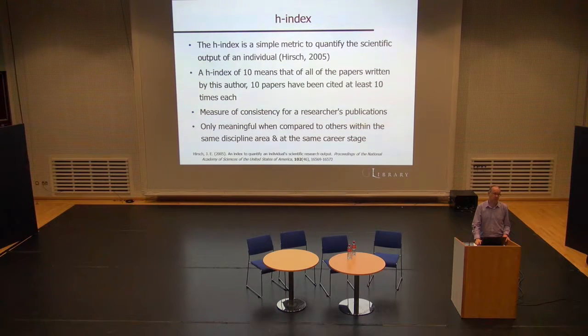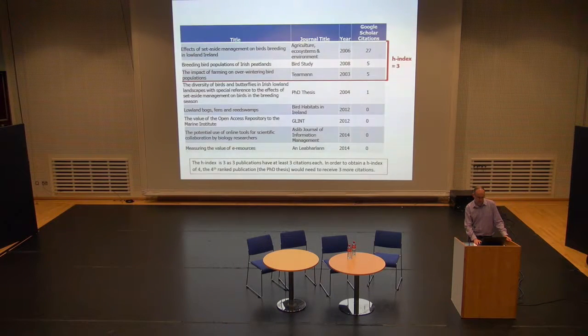There's no point comparing the H-index of a professor with 30 years of research experience to a postdoc with 1 or 2, because the professor should have a higher H-index, since their publications have had more time to get citations. Basically, you list all your publications in order of citations, and in this example it's an H-index of 3, because there are 3 publications with at least 3 citations each.